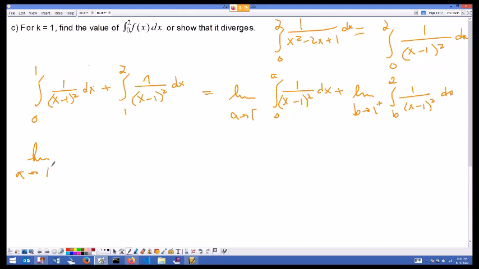Limit as a approaches 1 from the left of the integral of (x minus 1) squared. That's (x minus 1) to the negative 2, or u to the negative 2, which should be negative 1 over u. The u substitution, the du dx is the same.